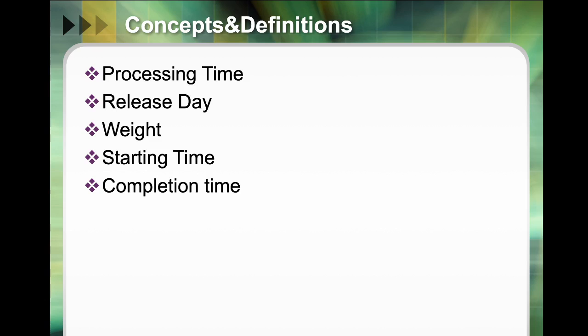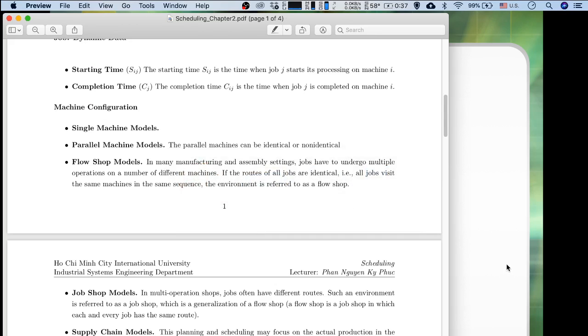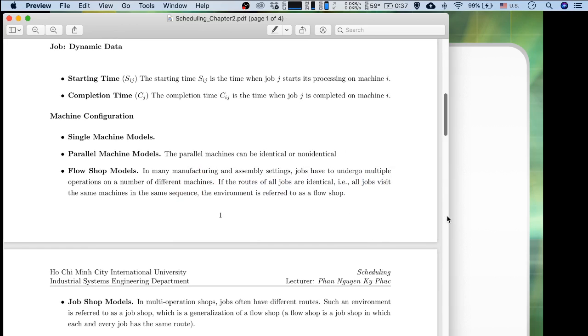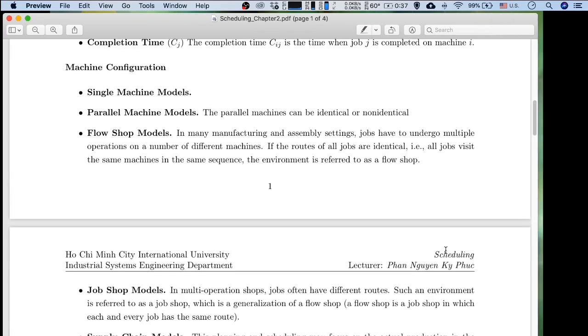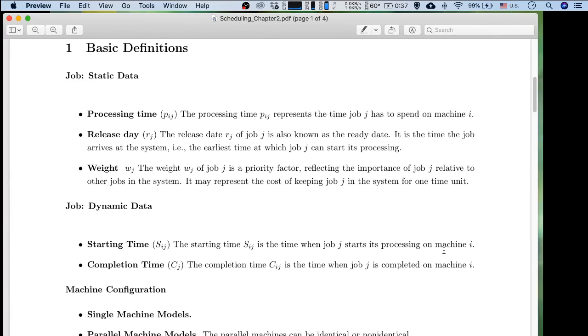So we can go back to our notes here. This is the definition of the release date of the job. This is the time that the job arrives at the system.